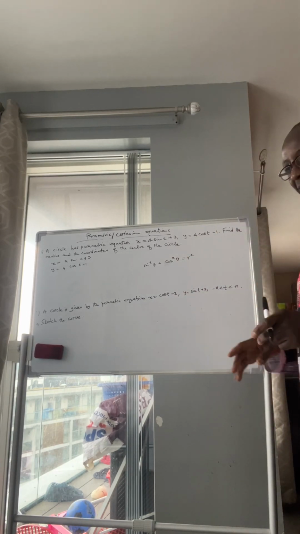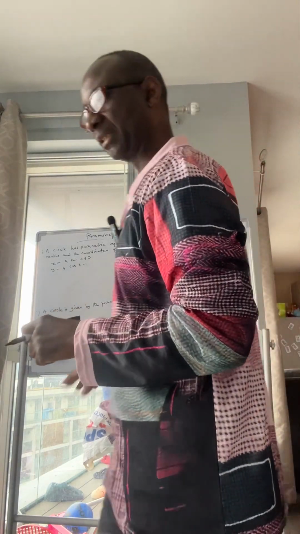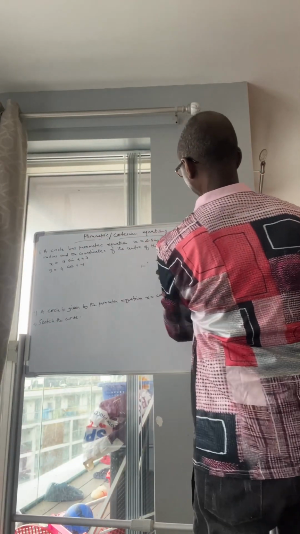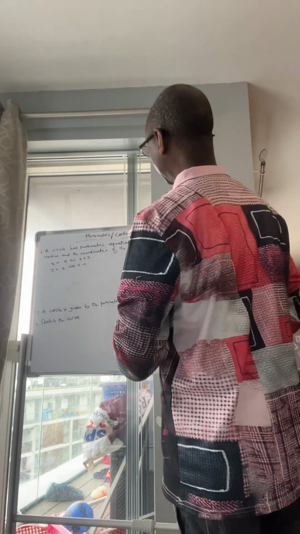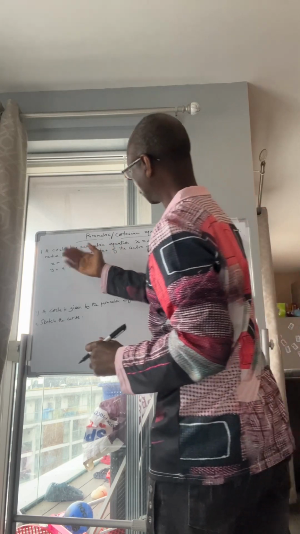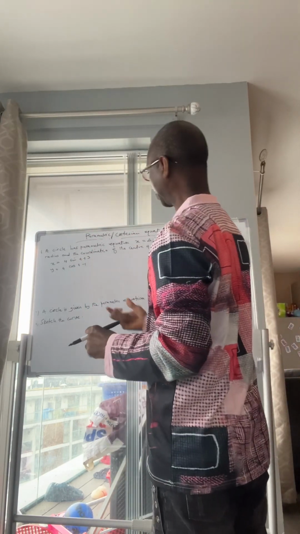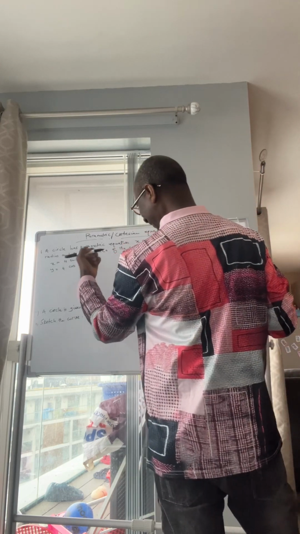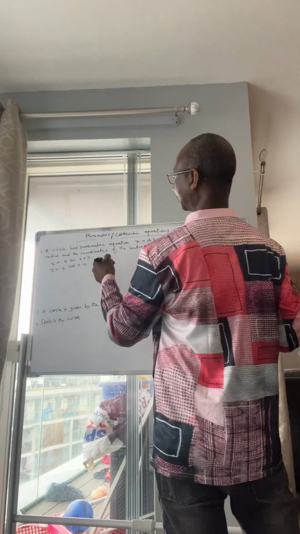This is the formula of a circle. We know that, so we are trying to arrive at this formula. Now, let's transform these parametric equations into Cartesian equations. We want to make t the subject of the formula here.